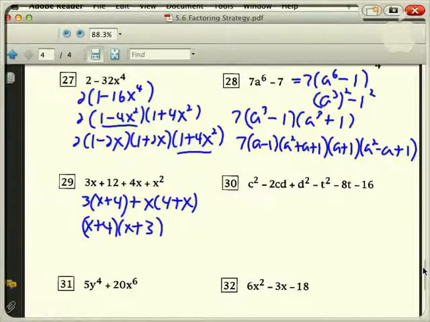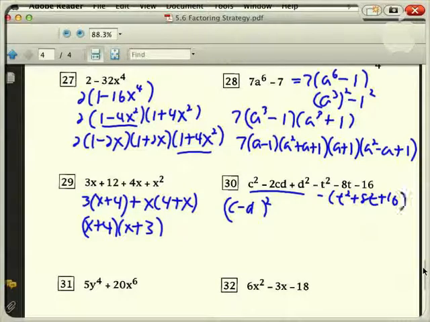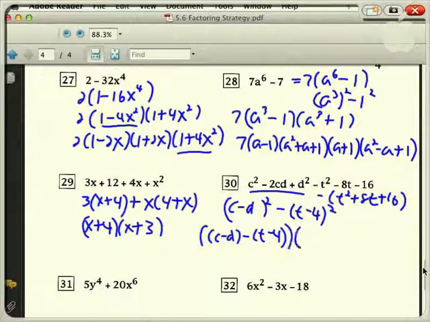Okay, in number 30, the first three terms are a trinomial square. And take a negative out of the last three. And you have another trinomial square. And now you got the difference of two squares. So here we go. This is going to be c minus d minus the quantity t minus 4.